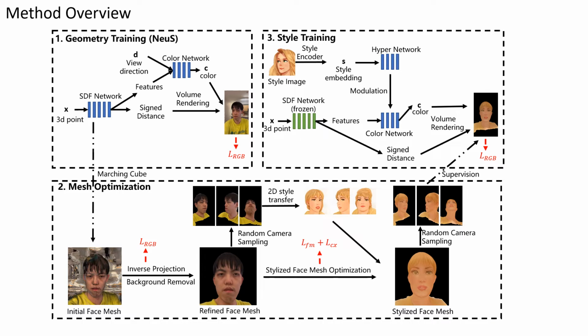The main consideration for this three-stage setting is compute efficiency. We only optimize for RGB loss at stages 1 and 3, where the NeRF models are involved, and only optimize for style transfer objectives in stage 2, where only the mesh representation is involved.